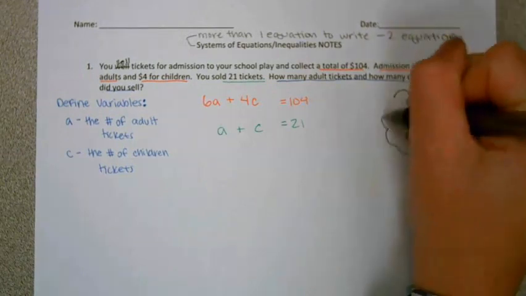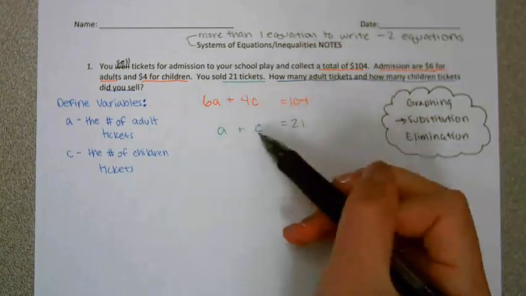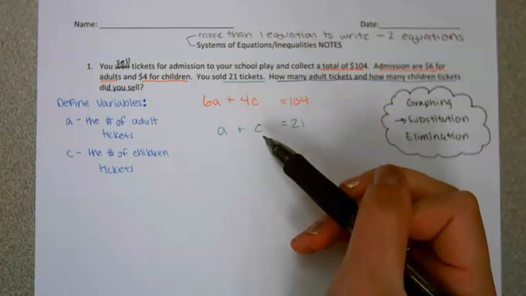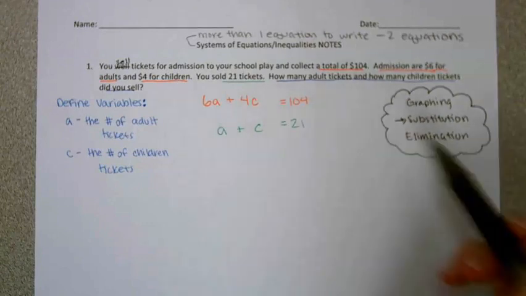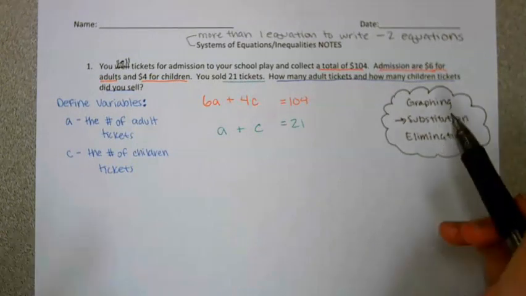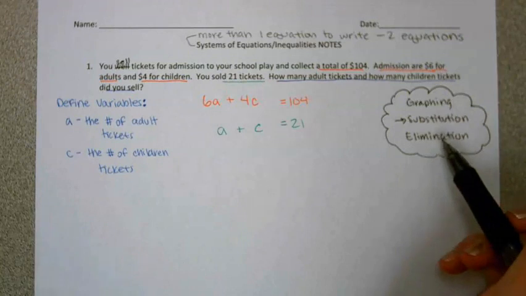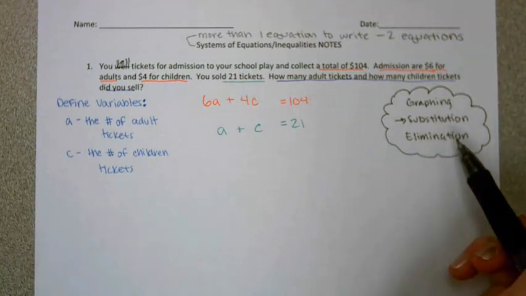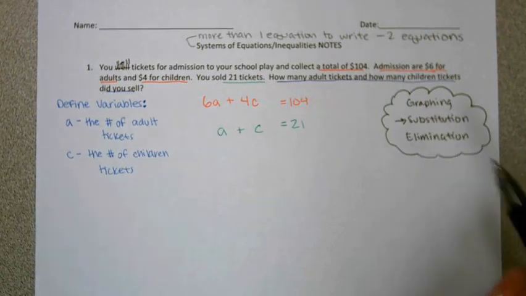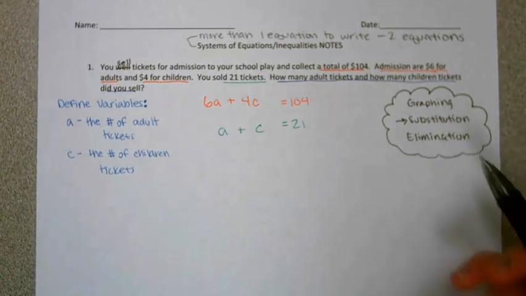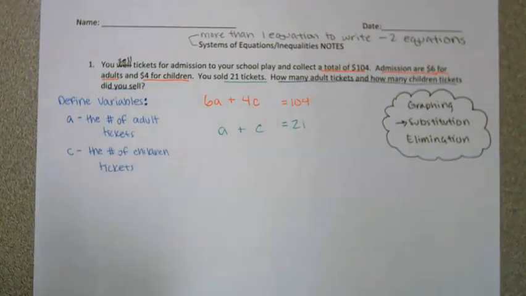The reason I like substitution here is because I already have a and c by themselves almost, so it's very easy to solve for one and then put it into the other equation. Elimination is also a good option. Graphing I could absolutely do, but I prefer the algebraic methods for these word problems, so then I don't have to make a whole graph and label the axes, and that can get a little bit confusing sometimes. So let's use substitution.